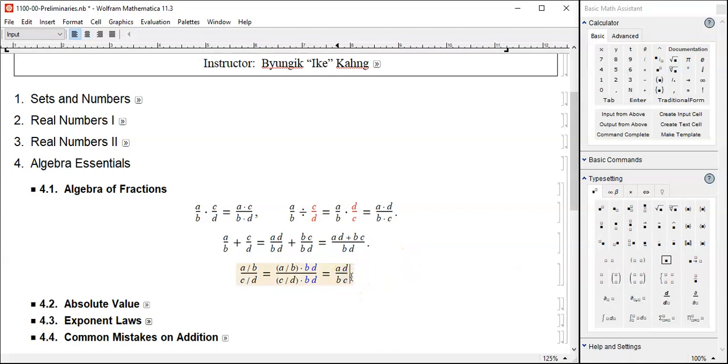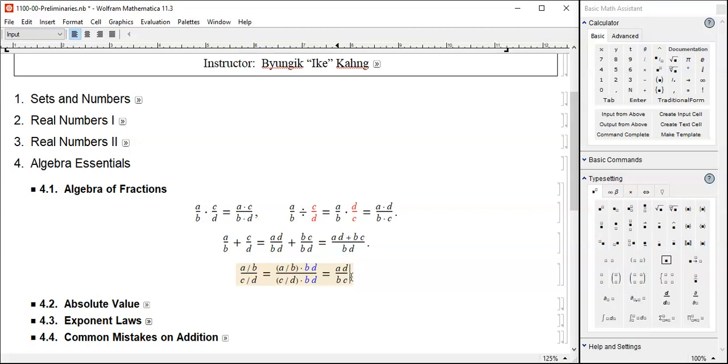Finally, this was quite useful when you have some really ugly looking fractions. If you have denominator of numerator, denominator of denominator, too many denominators here. How do you simplify? Just remember, if you multiply the same non-zero number to both numerator and denominator, then it's okay because essentially you are multiplying by 1.